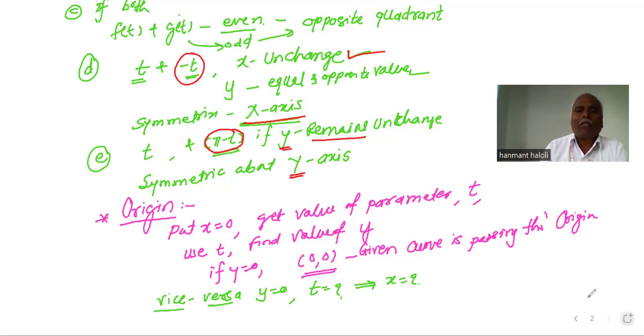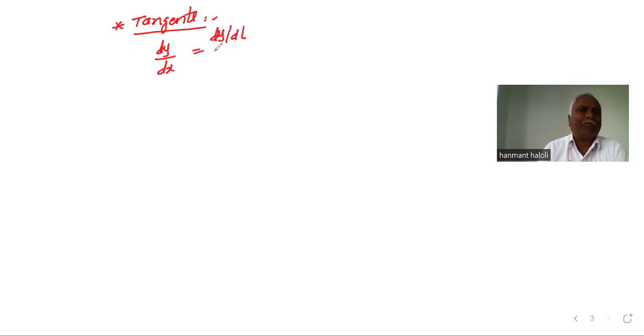Also, you can find out the equation of asymptotes or tangents to the curve. Similarly, again calculate dy by dx, which is equal to dy by dt upon dx by dt in parametric equation form.